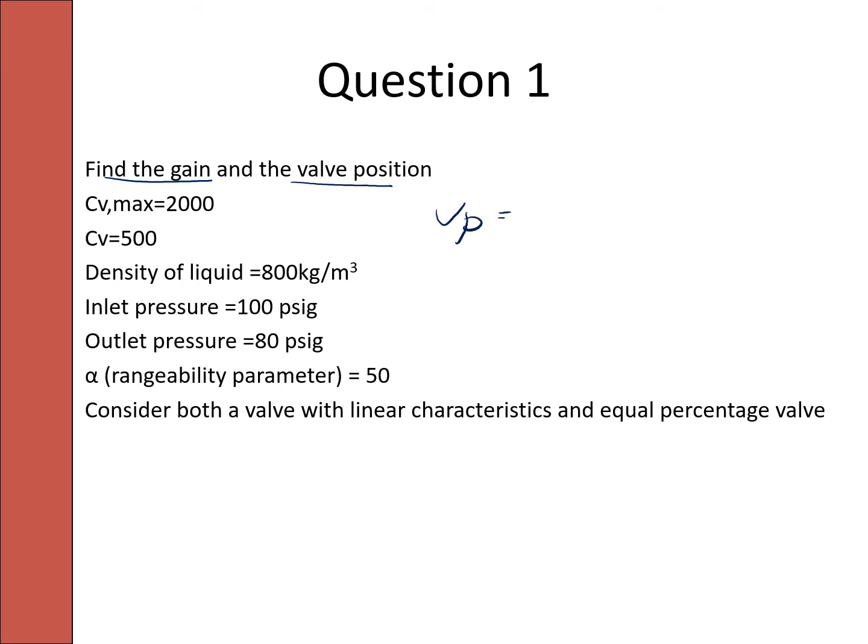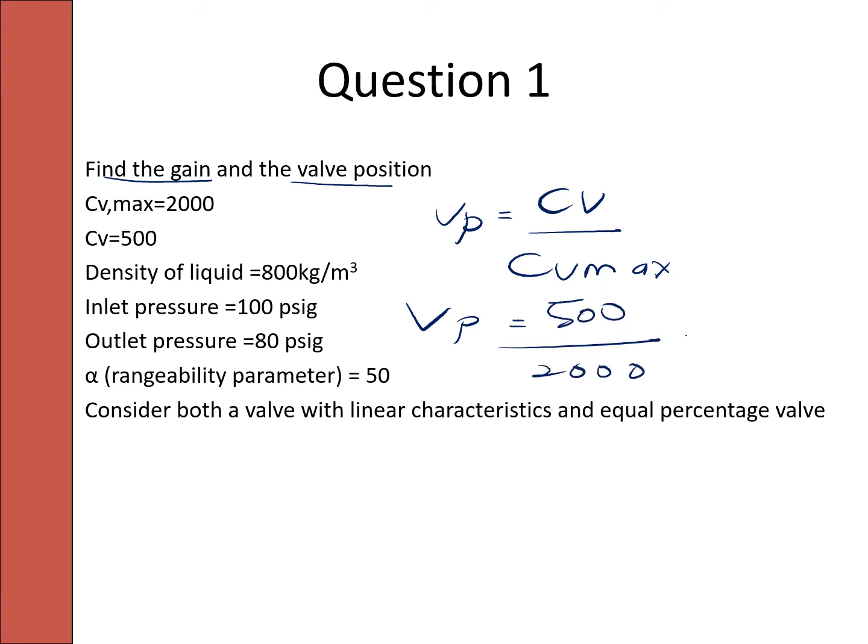Valve position is equal to CV over CV max, so the valve position would be 500 over 2000, which is 0.25.